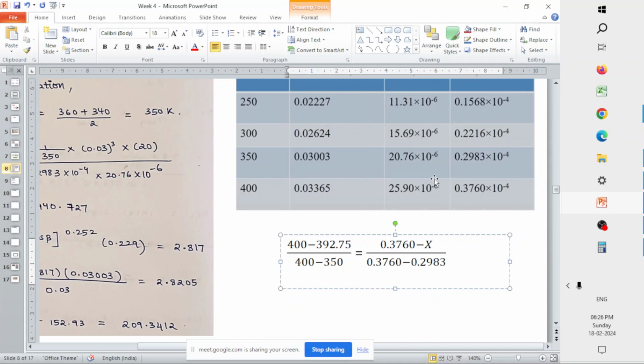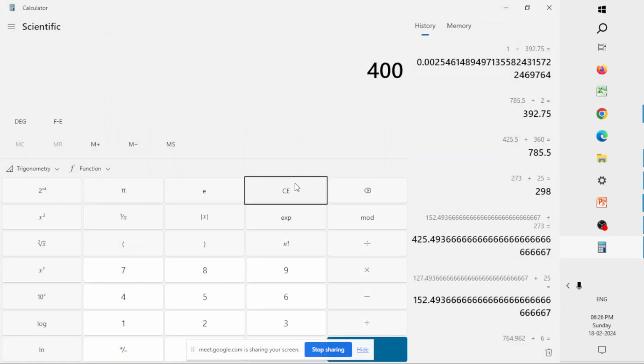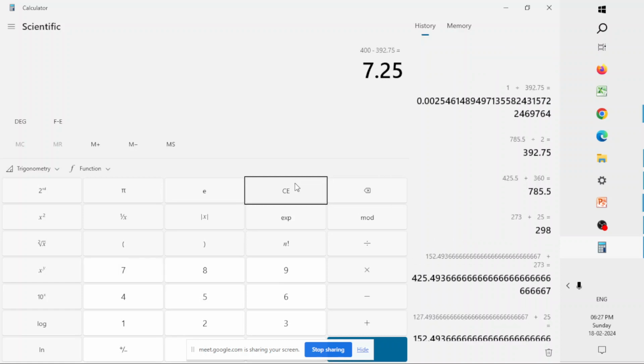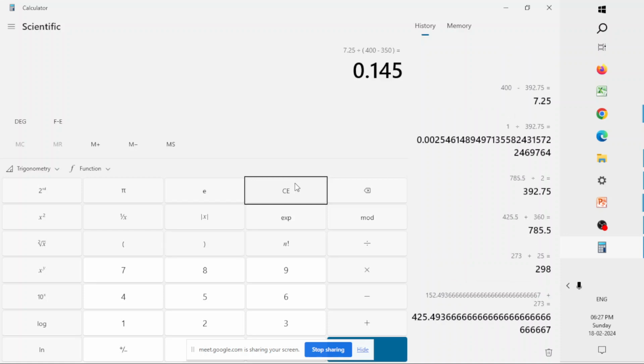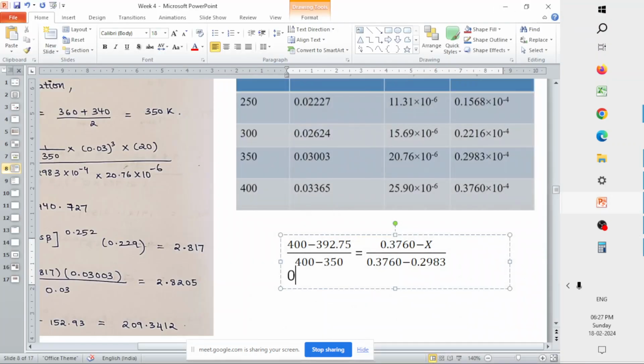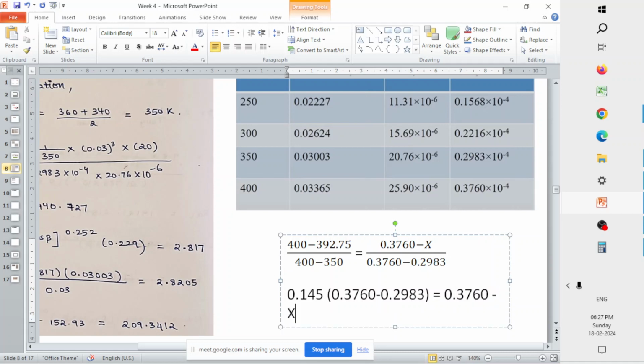So it will be around 400 minus 392.75 divided by 400 minus 350, that will be 0.145. So let us write 0.145 times (0.3760 minus 0.2983) is equal to 0.3760 minus x.